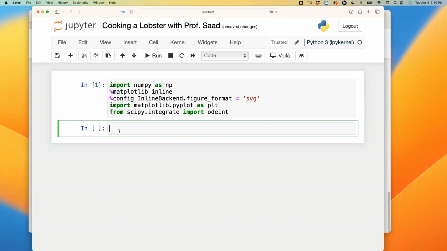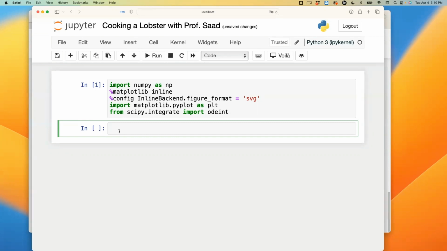Let's say our T end. We don't really know what T end is, right? We're going to be cooking the lobster, trying to figure out what our time is when we reach 164 Fahrenheit. So let's allow it to cook for an hour and just solve the ODE for 1 hour.